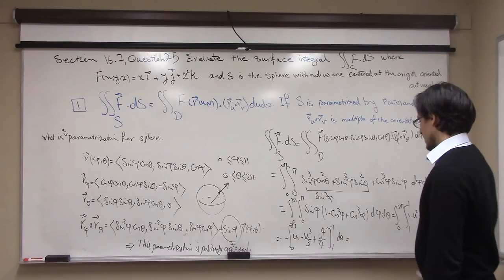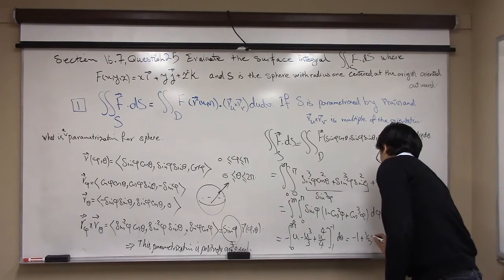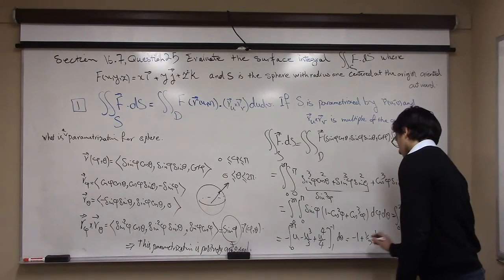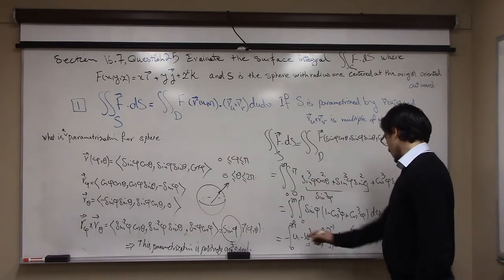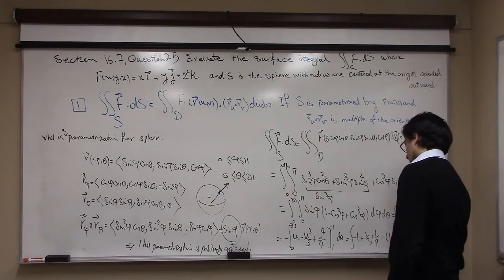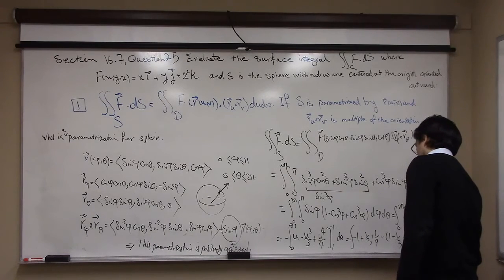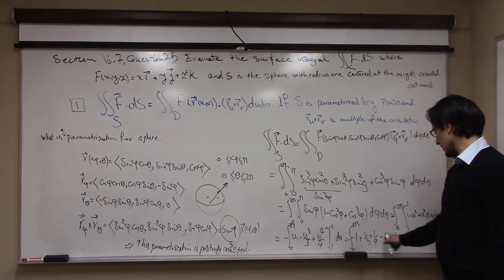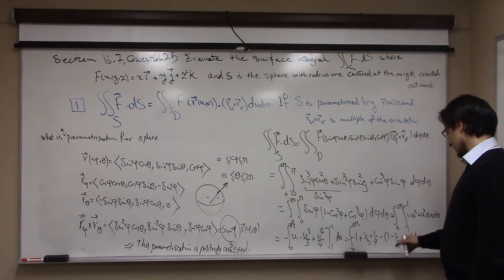Plug in everything: it is negative 1 plus 1/3 plus 1/4, minus, there's a minus sign up there, and now plugging in 1, it is 1 minus 1/3 plus 1/4.